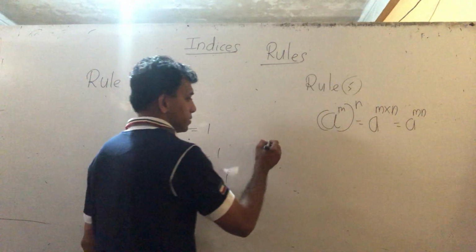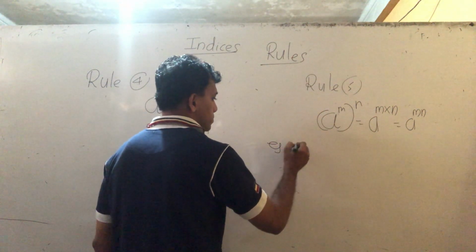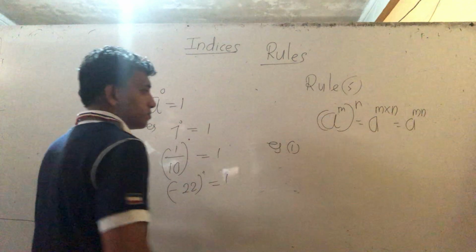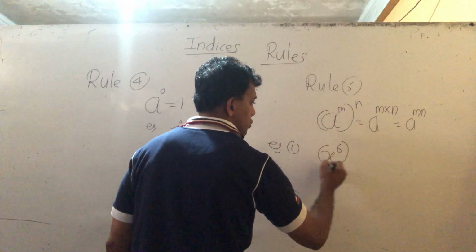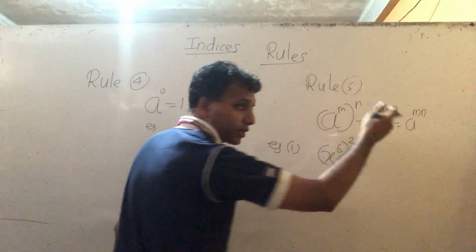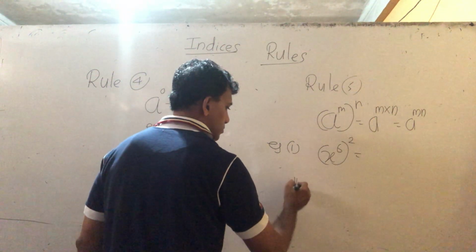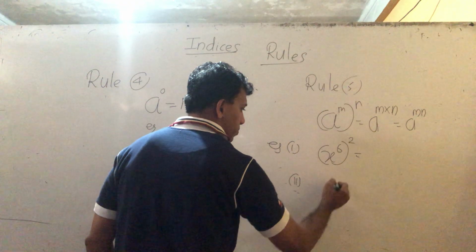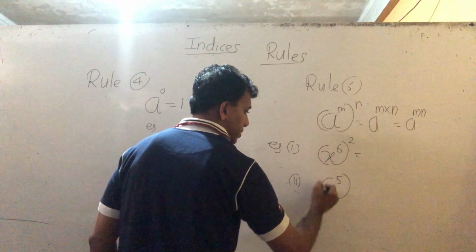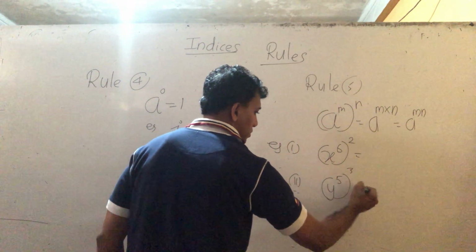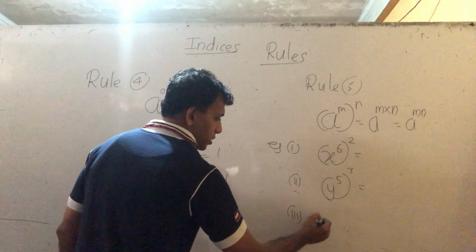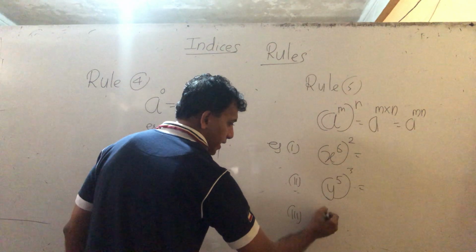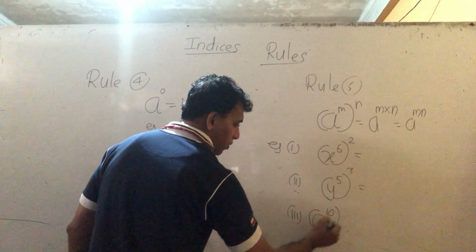See examples. x to the power 6, all to the power 2. Y to the power 5, all to the power 3. A to the power 10, all to the power half.